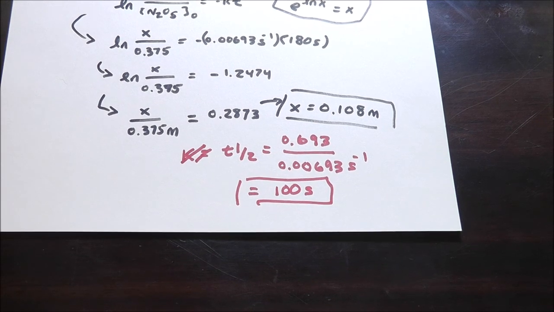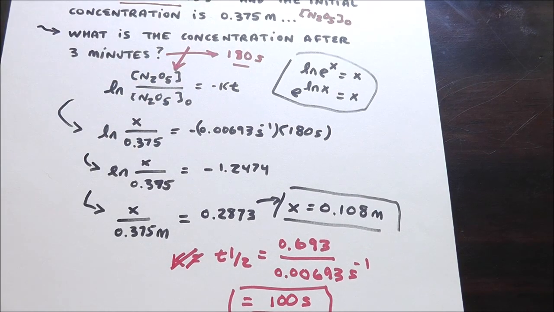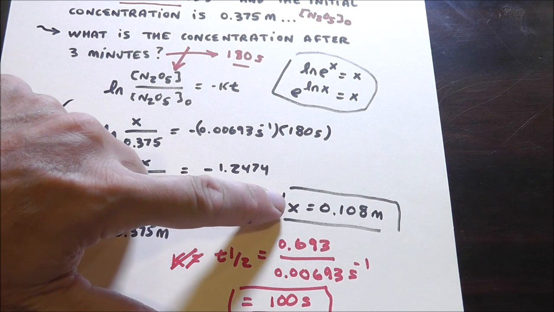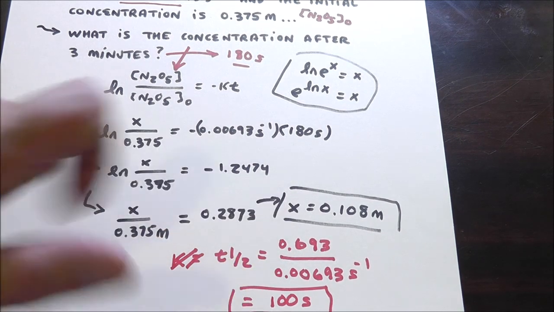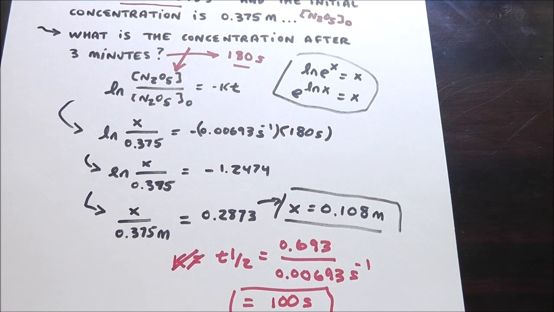And so I know the initial concentration was 0.35 molar, and that half of that would be after 100 seconds. So my answer should be something in between a quarter and a half of the initial concentration. So you see, that's a much easier way to think about it.